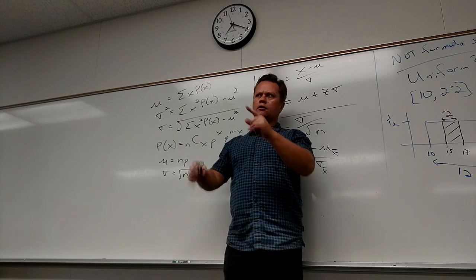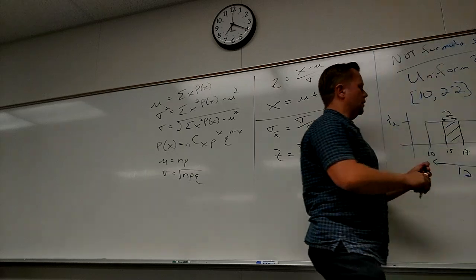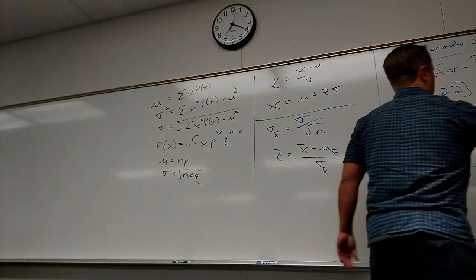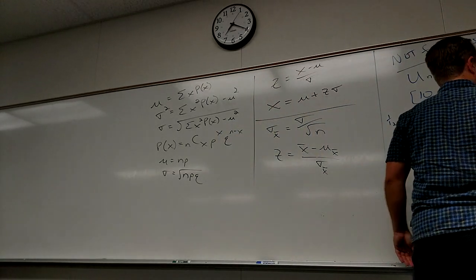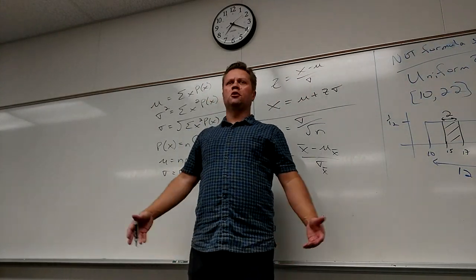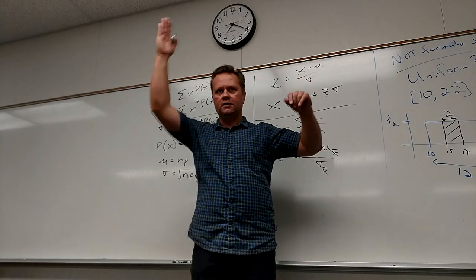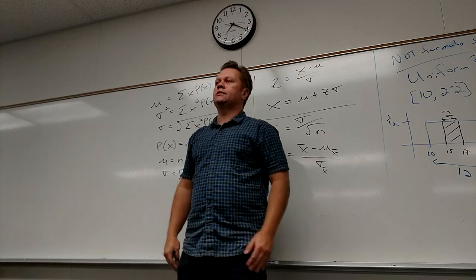Is that cool? Now, here's the question. What's the probability I get something less than 10? 0, done. What are the only things that could happen in this situation? Things that are from 10 to 22. So what's the probability I get something less than 10? 0.